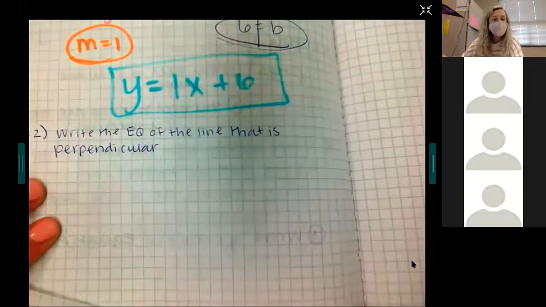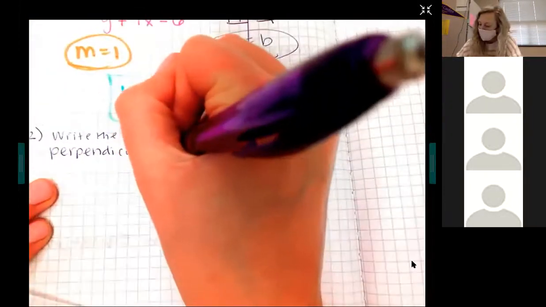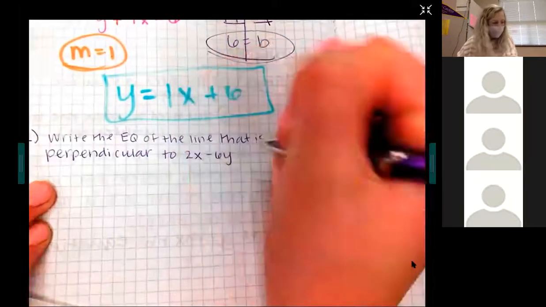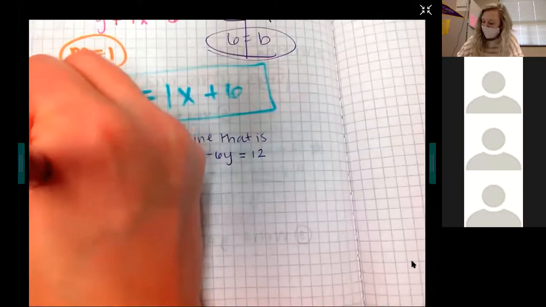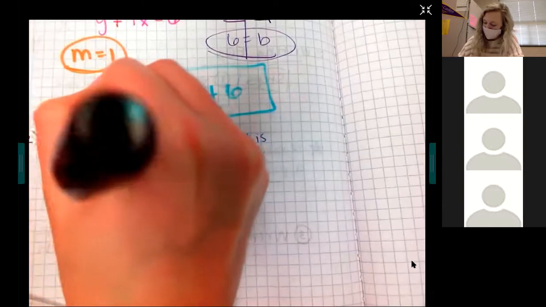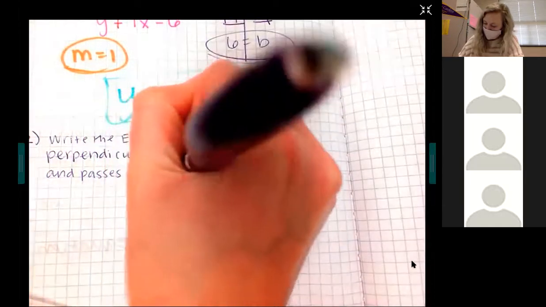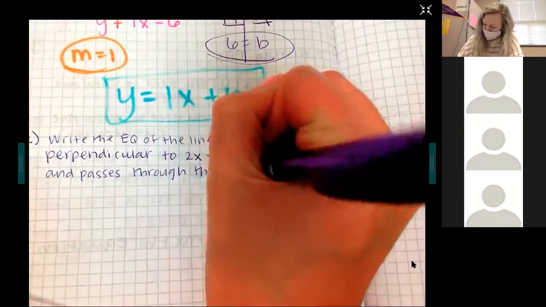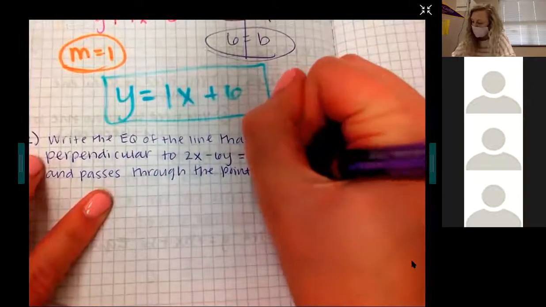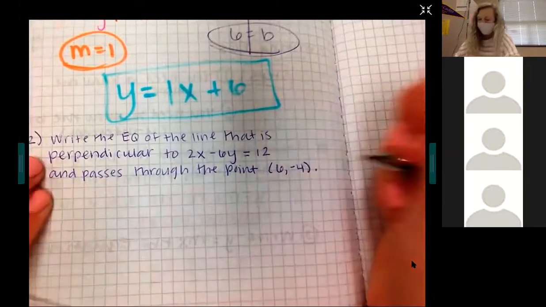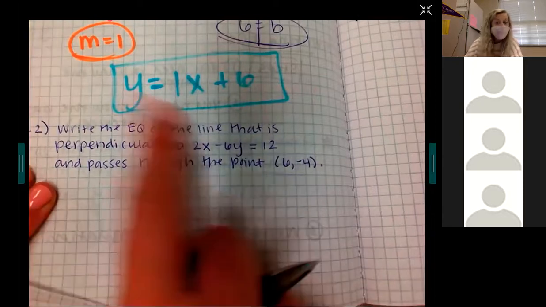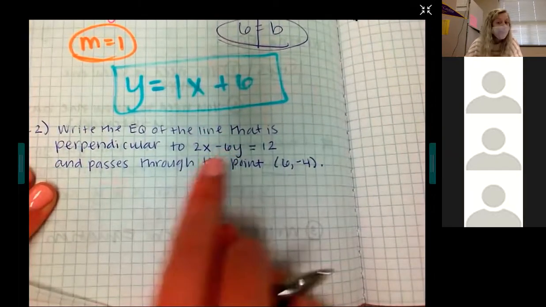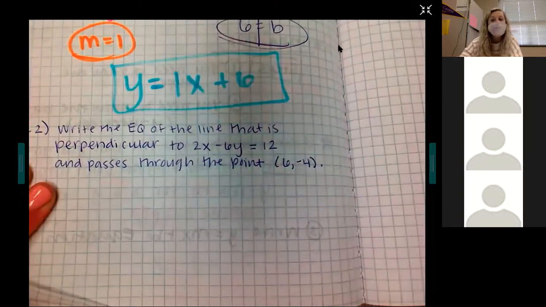The equation of the line that is perpendicular to 2x minus 6y equals 12 and passes through the point 6, -4. So very similar to the one we just did. We're going to write the equation of the line, but this time it's perpendicular, and then there's the equation they're telling us it's perpendicular to, and we know it goes through the point 6, -4.